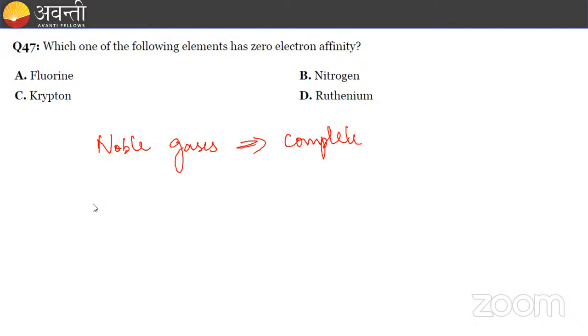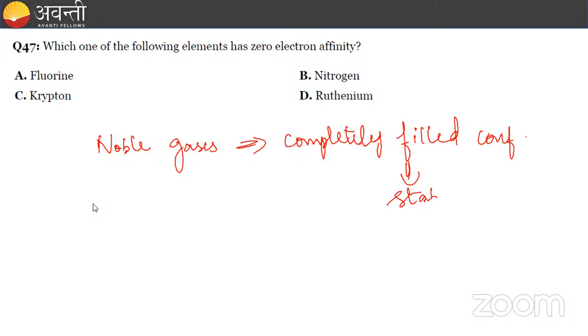So it has a stable electronic configuration, which is highly stable in nature.